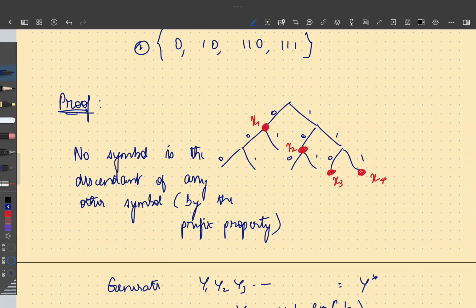Basically, you start with the root, and then you generate the first bit, and then you see, is this one of the labeled nodes? If yes, then you stop. If it is not one of the labeled nodes, then you keep proceeding. You started with the root, and then you flipped, and maybe if you got a 0, then you stop.